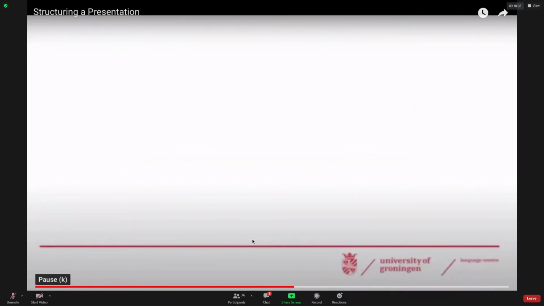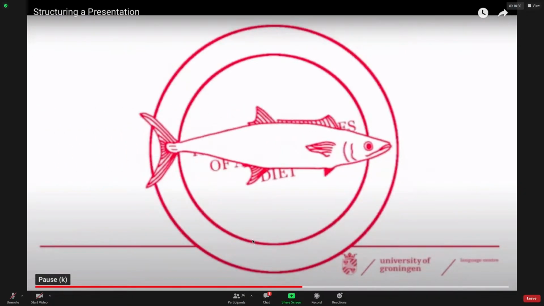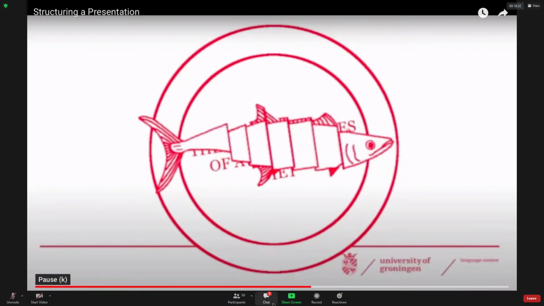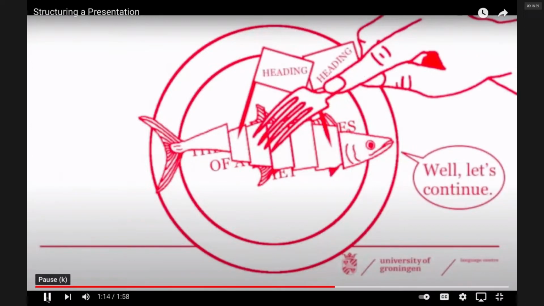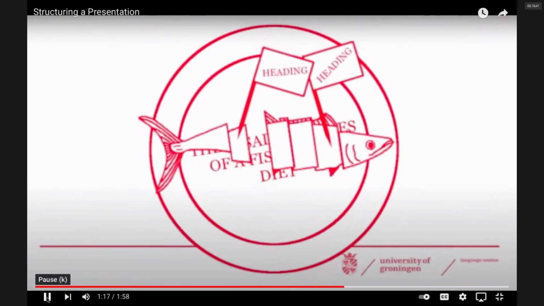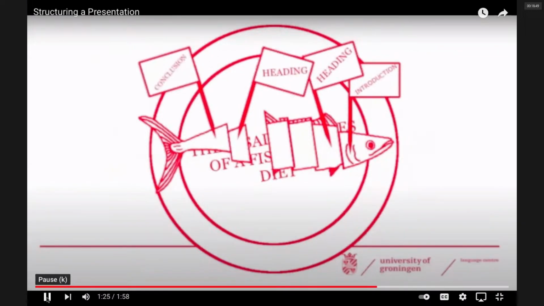The audience should know at all times where you are in your presentation. One way to achieve this is by including appropriate headings on your slides and using signaling language to help the audience along. For example, the introductory slide is usually titled Introduction or Background, and the conclusion, Conclusion or Summary.